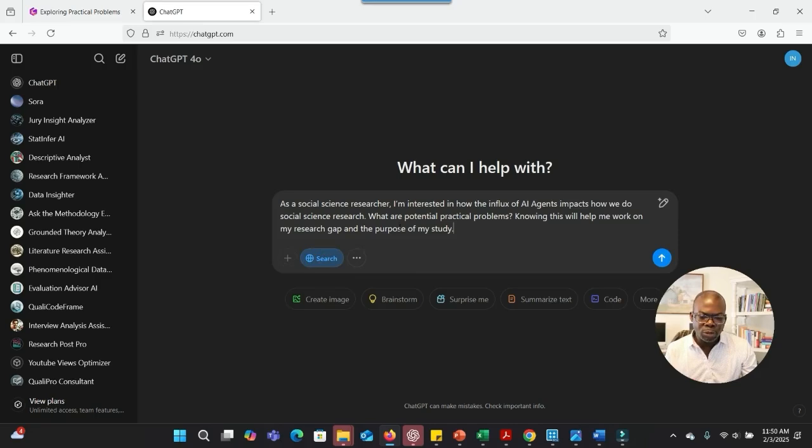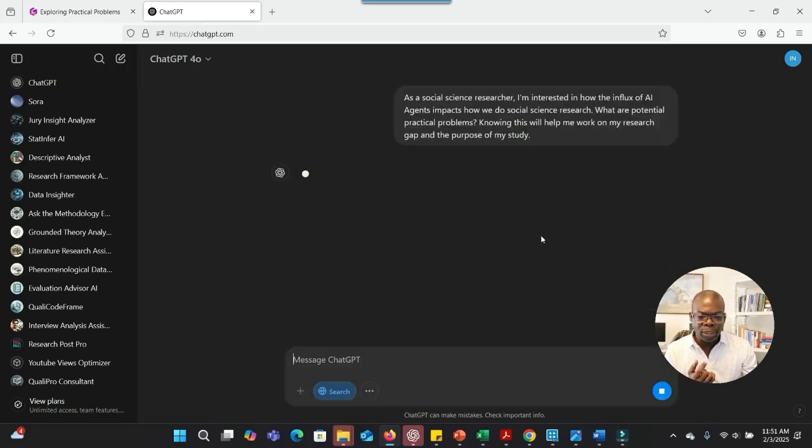We want the system to give us potential problems that have support from the literature or from a source. So first, it makes the problem more reliable in terms of the need to do research, and secondly, it also helps you know the source of that problem so you can read a lot about it. So it's very important for you to click on search. It's for the system to search the web, and then when you are done, you click on enter.